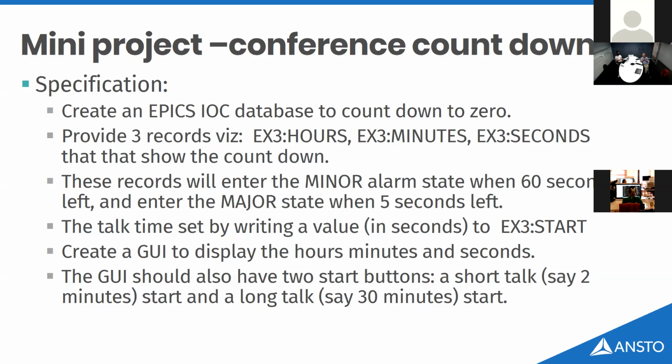So you want to create an EPICS database that counts down from some predefined value to 0. You want to provide 3 records that provide the hours, the minutes, the seconds that show the countdown. The records will enter the minor alarm state at 60 seconds left and the major alarm state at 5 seconds left.